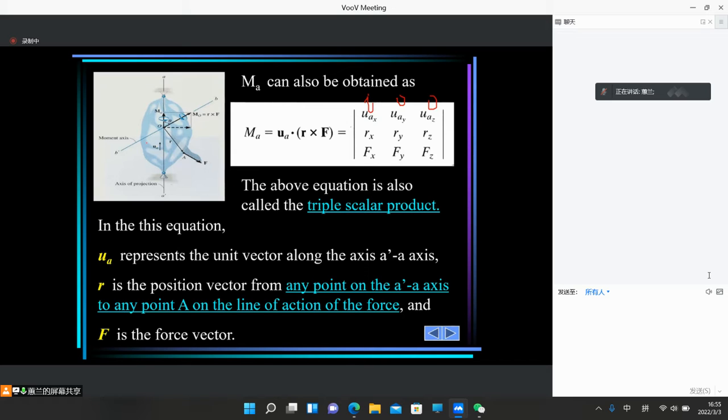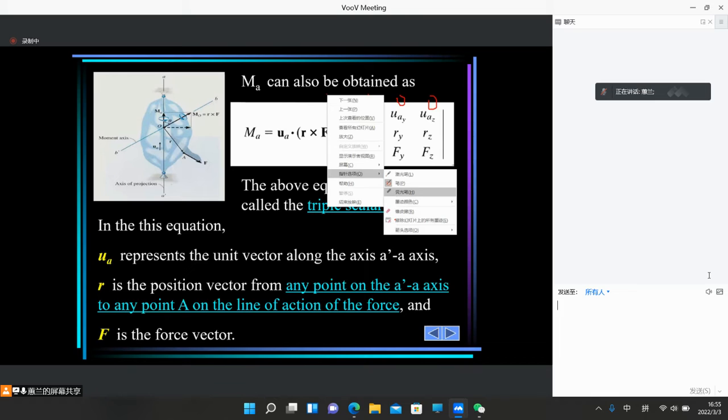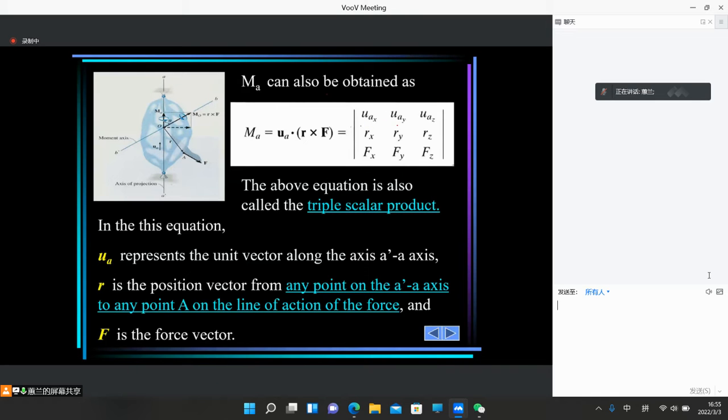Because it's the intersection of the x, y, z-axes. Similarly, if you want to find the moment about the y-axis, the unit vector of the y-axis will be j. So this time, this will be 0, this will be j, this will be 0. If you want to find the moment about the z-axis, you do the same way. The unit vector along the z-axis will be k.